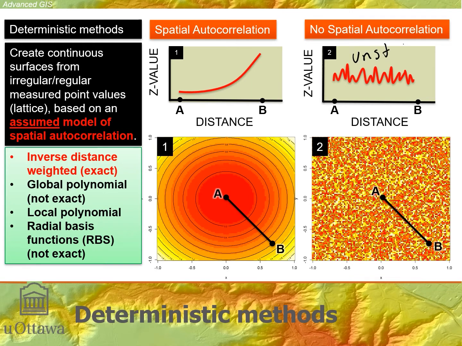That's another way to say that. And that's very different from the structured version on the left. So the one on the right exhibits no spatial autocorrelation, whereas the one on the left exhibits spatial autocorrelation. And that's called a random field, another name for that.